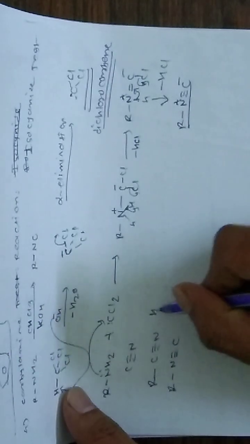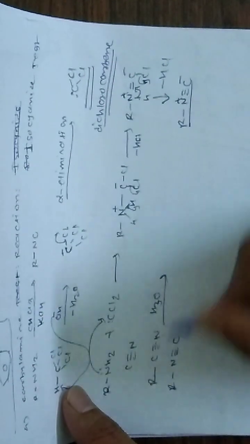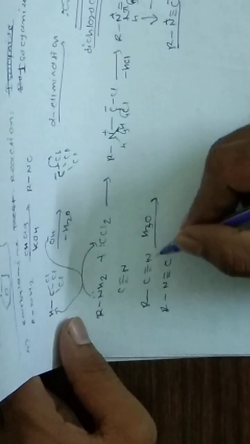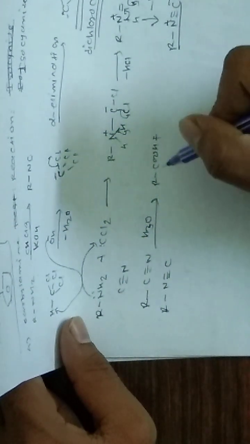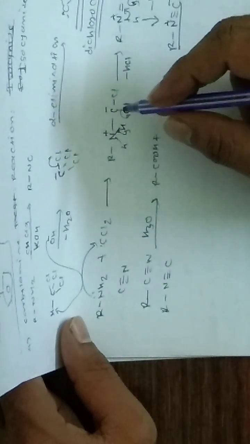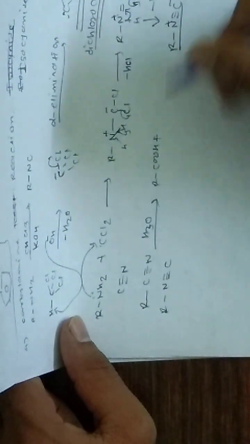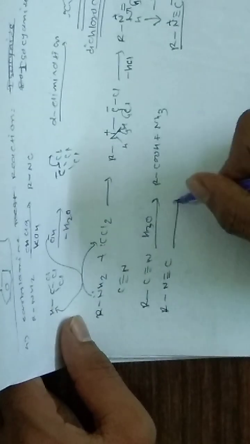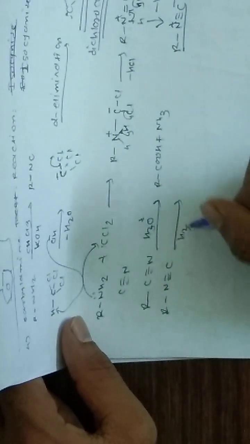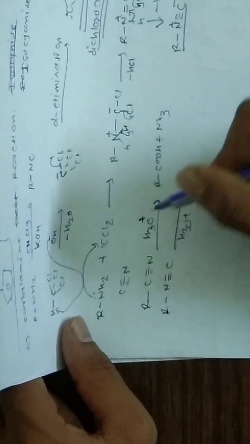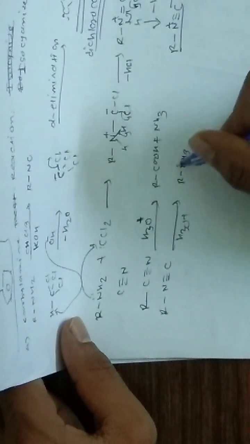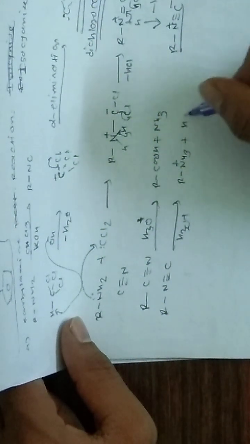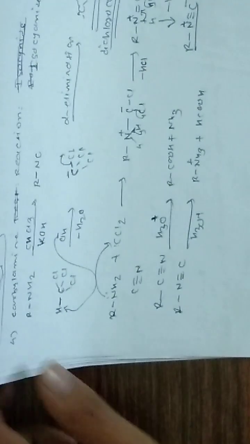After acidic hydrolysis, cyanide gives acid plus NH3, and isocyanide on acidic hydrolysis gives RNH3 plus formic acid.